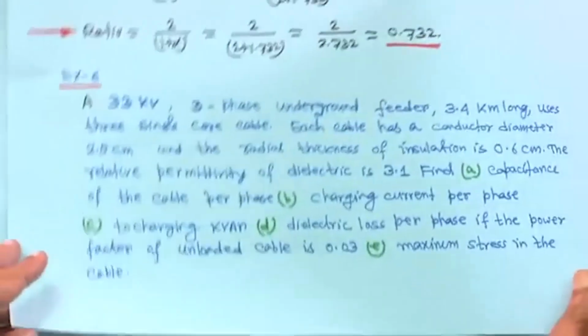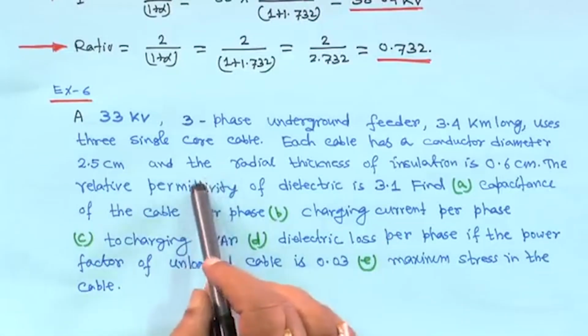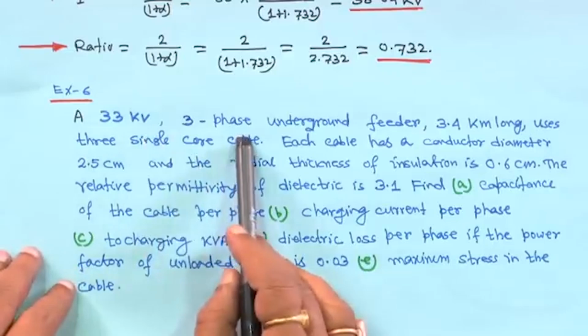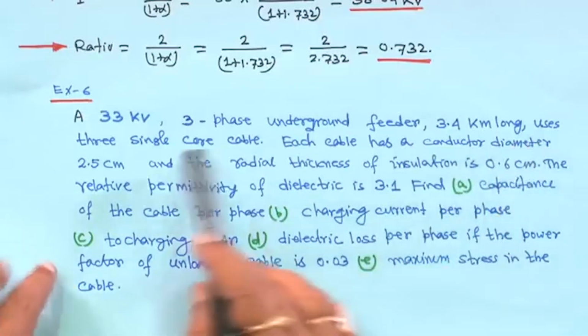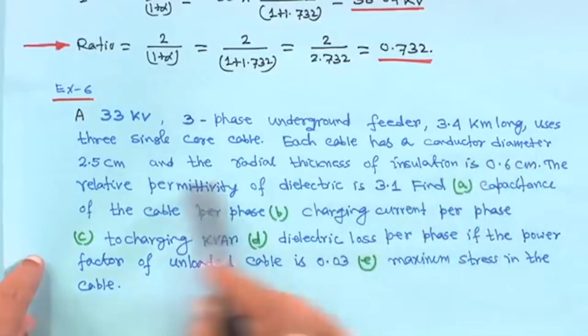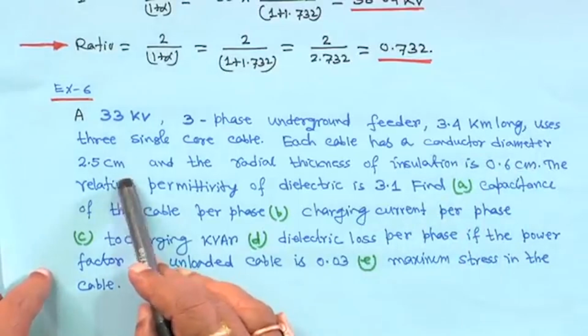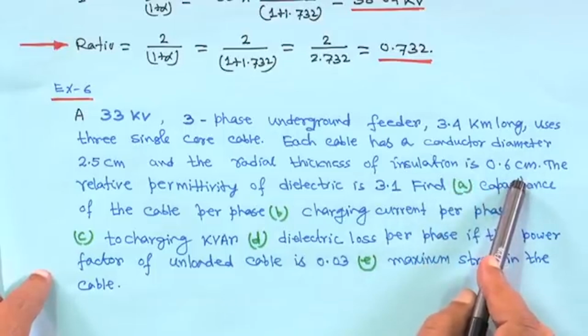So, next one, another example we will take, right. Example 6: in this case, a 33 kV 3 phase underground feeder 3.4 kilometer long uses 3 single core cables. Each cable has a conductor diameter 2.5 centimeter and the radial thickness of insulation is 0.6 centimeter.